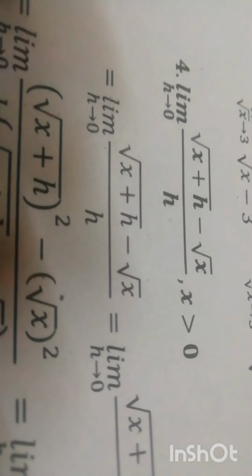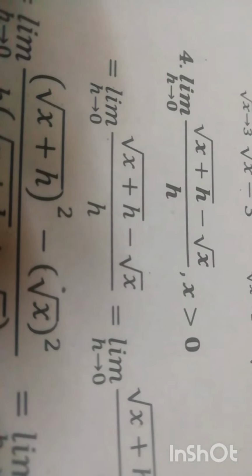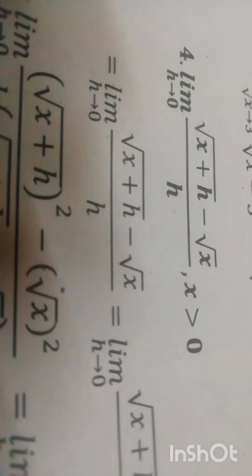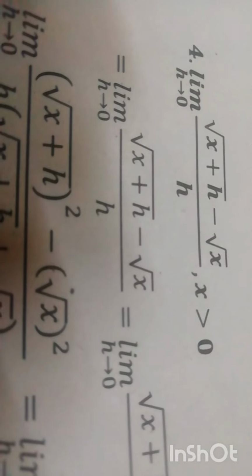So it is an indeterminate form. So you can do some simplification and then give the answer. If we are given this form, we can simply multiply by the conjugate. Since it is root x plus h minus root x, we take the conjugate with plus.